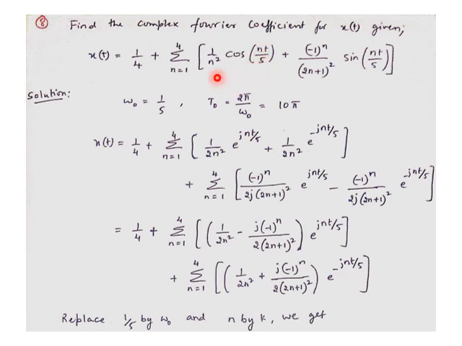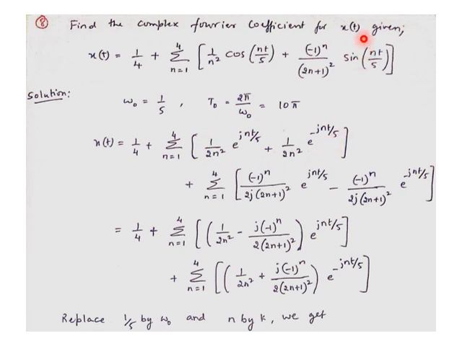So 2 is taken outside, that is 1 by 2n square, with the exponential factor with the plus sign plus 1 by 2n square with the exponential with the minus sign.